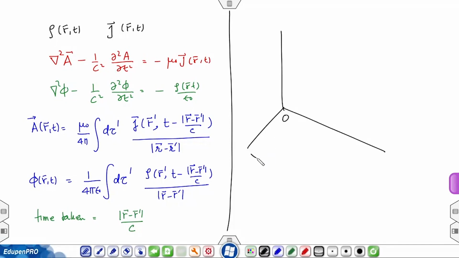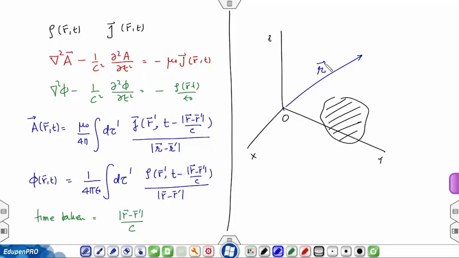here is the origin and my coordinate system. I have these sources somewhere, and if I am observing the potential at r, then all these sources are giving out these potentials, which start at some time t prime, which is t minus r prime over c, reach here, and they are all superposed and lead to the solutions that we have written.